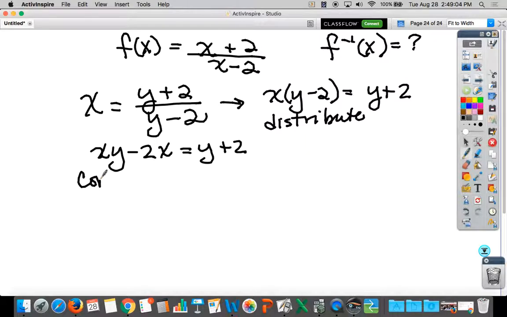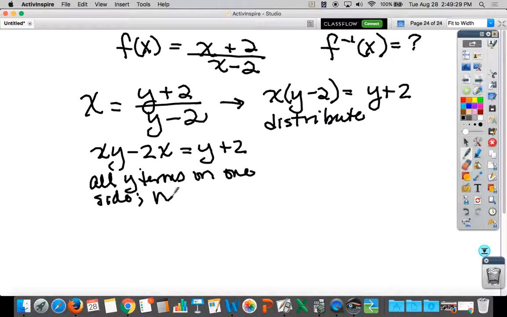Now, combine all Y terms, or maybe I should say all Y terms on one side, all non-Y terms on one side, because combine makes you sound like you can put them together. All Y terms on one side, non-Y terms on the other.